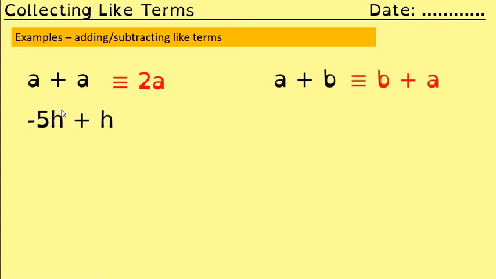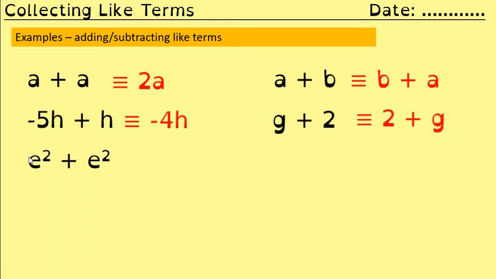Negative 5h and positive h are two like terms, so they can be collected into one single term. And that one single term would be negative 4h, because negative 5h plus 1h is negative 4h. Now positive g and positive 2 are unlike terms. They cannot be collected to one single term like these. They can only be rearranged to give a different expression.